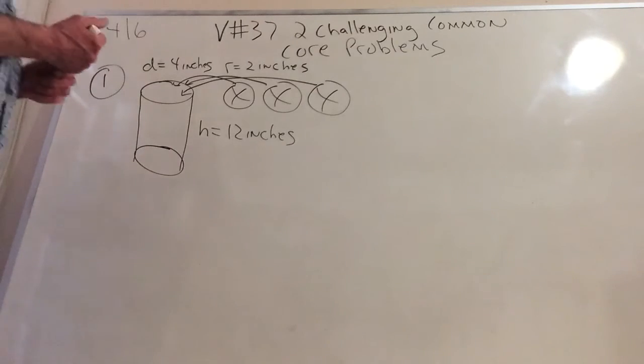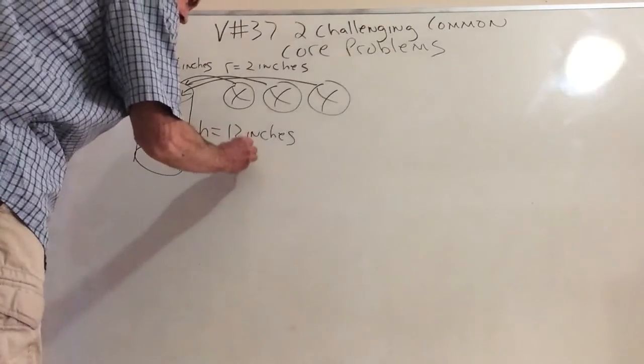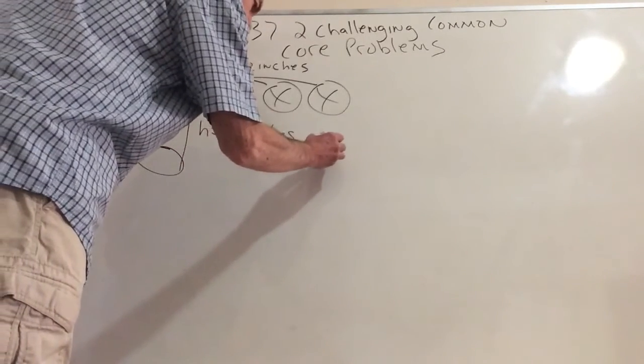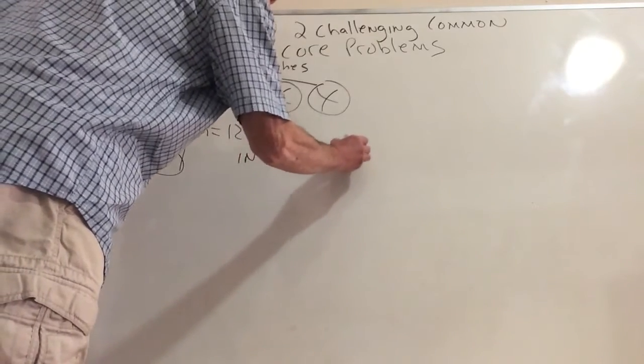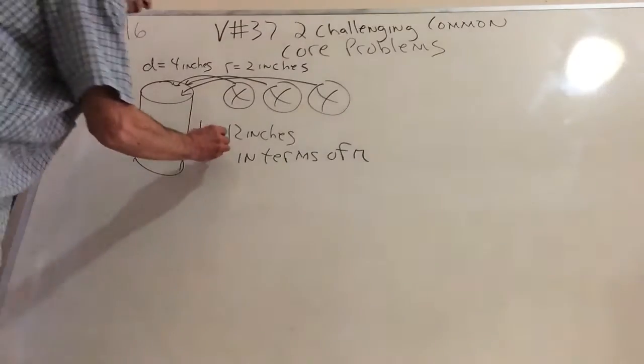What part, in terms of pi, is going to be occupied by the tennis balls? That would be the first question.